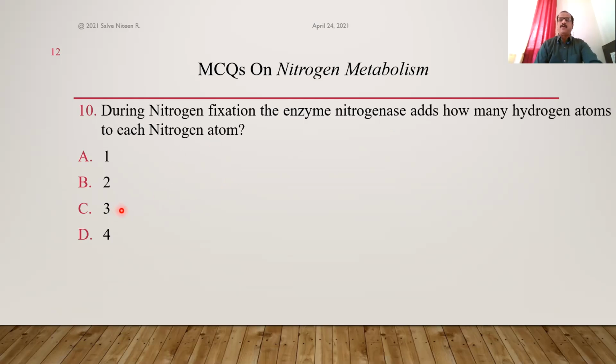So NH3 is formed. First NH, double bond NH, then NH2, single bond NH2, and then there is formation of 2 separate molecules of NH3 from a single molecule of dinitrogen. 2 molecules of ammonia are formed, and therefore here the answer is 3.